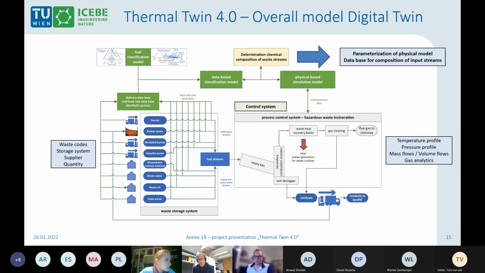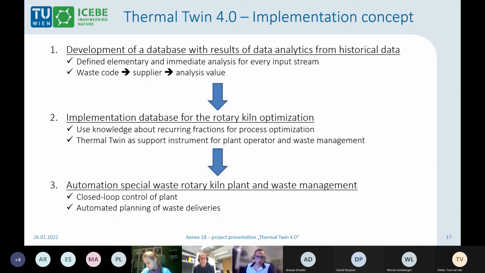Yes. And what happens with the information about the input? Is it just for information? So we build up a database with waste codes and also with the supplier which delivers this waste. And normally every supplier has his field he's working on. So when a supplier deals with activated carbon, then normally he brings activated carbon again next time.